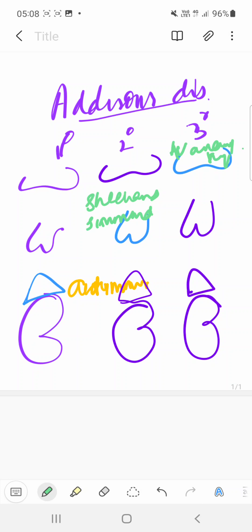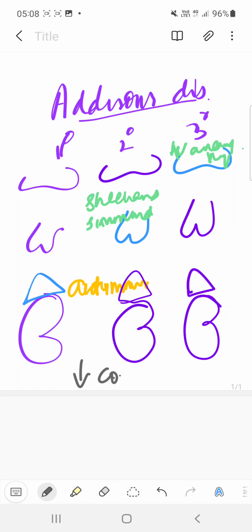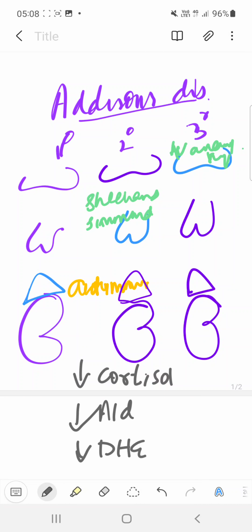So in all these conditions, there will be decreased cortisol, decreased aldosterone, decreased sex corticoids.